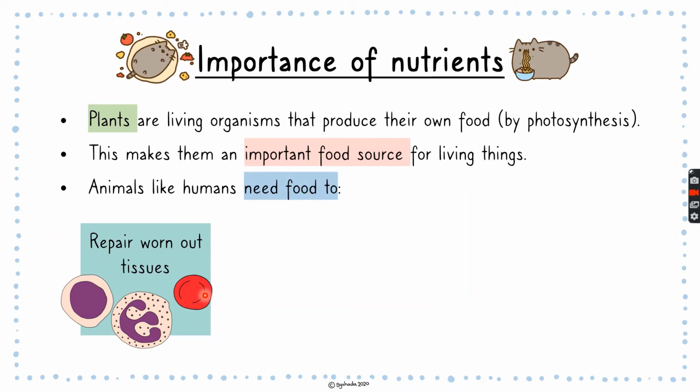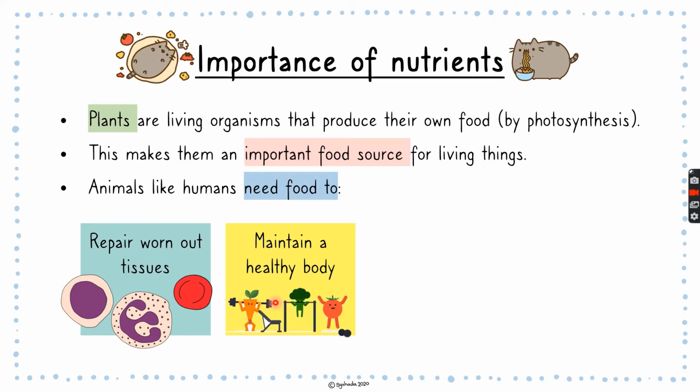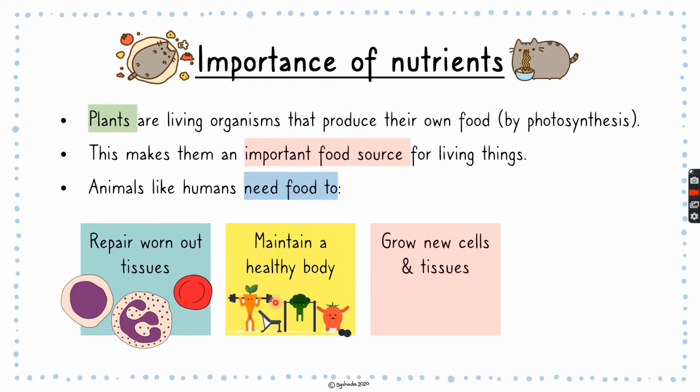Worn out means that they won't function as well as they did before, and especially the white blood cells. White blood cells go through a lot. They fight a lot of bacteria and viruses in your immune system, so they get really worn out. So their quality isn't as good, so you need to make new ones, and you need to have nutrients to make new ones. The second important function of food, aka the nutrients, is to maintain a healthy body.